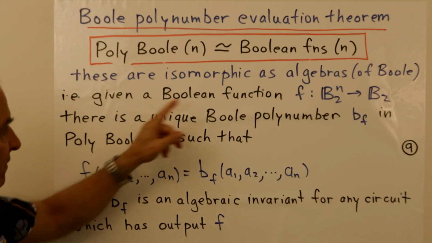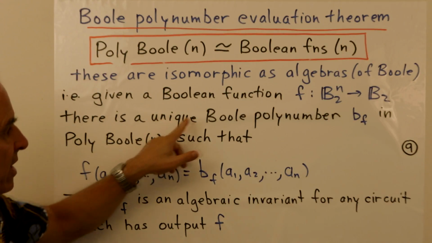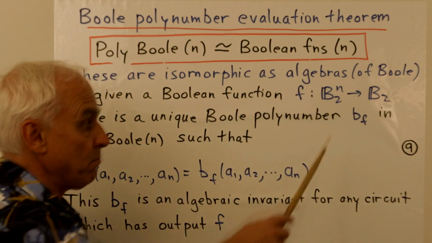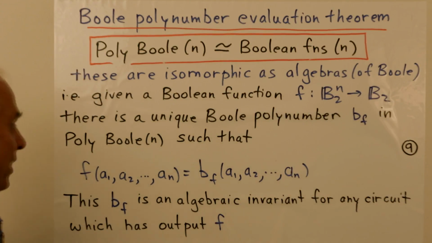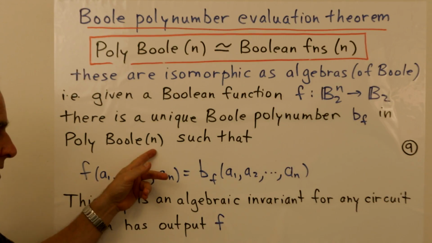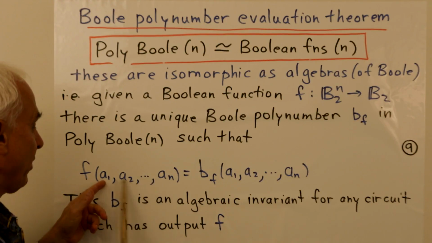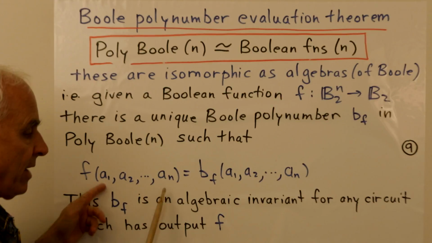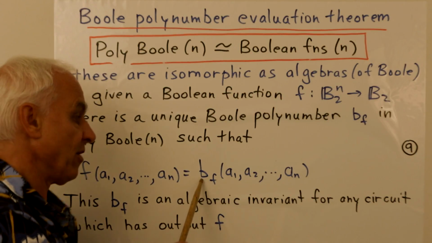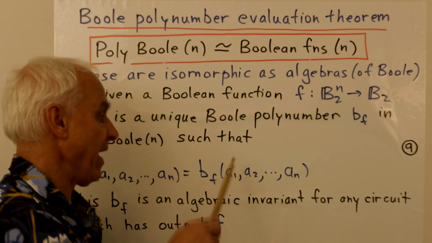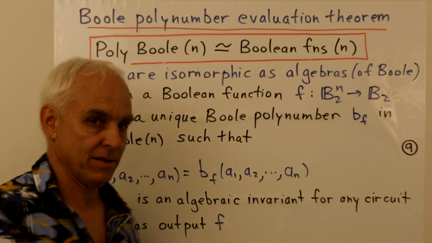Okay, such a function f, we then get a unique Boole polynumber, let's say b sub f, in Boole poly n, which has the property that if we evaluate f on an n tuple, a1, a2 up to an, that's the same as evaluating this polynumber b sub f at a1, a2 up to an.